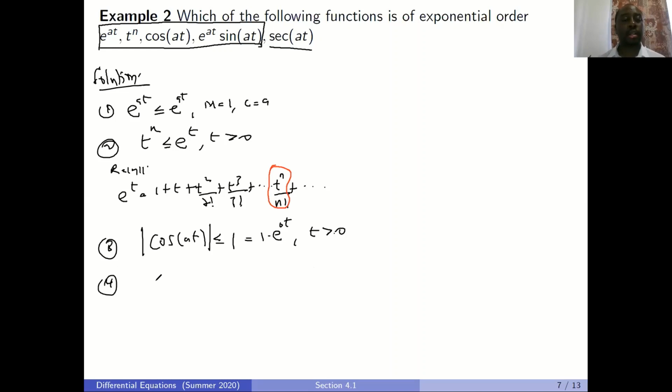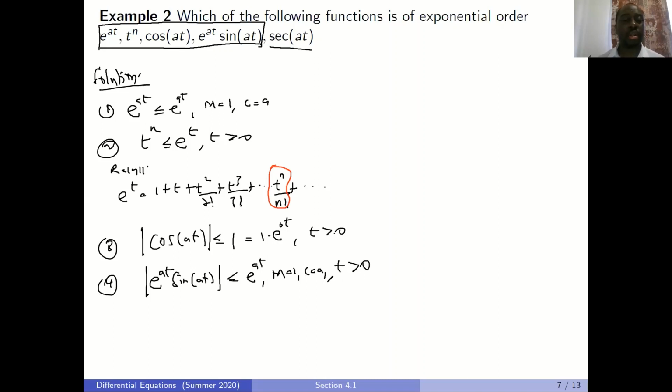Now let's look at e to the at times the sine of at. Again, if you take the absolute value of this, this is less than or equal to e to the at, right? So clearly this is of exponential order if we take M to be 1 and c to be a. This is true for all t positive. Okay.